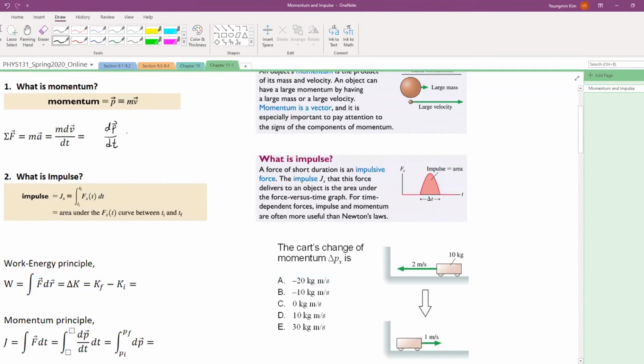So now we have a new expression of Newton's second law: the sum of forces acting on a single particle, in this case, is equal to the change of the particle's momentum in time.